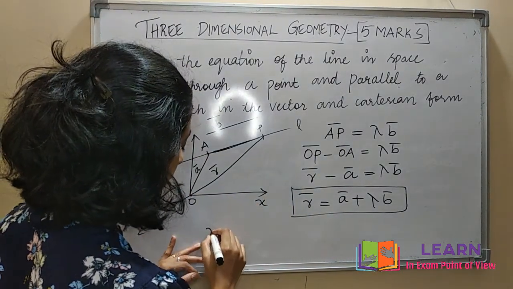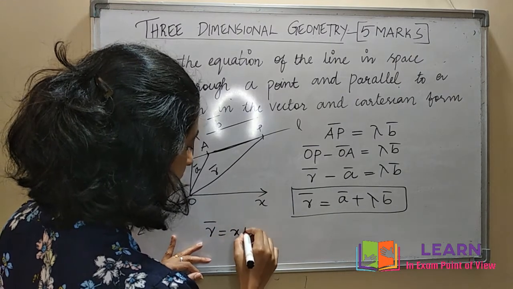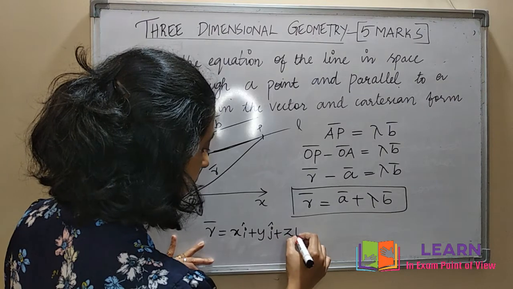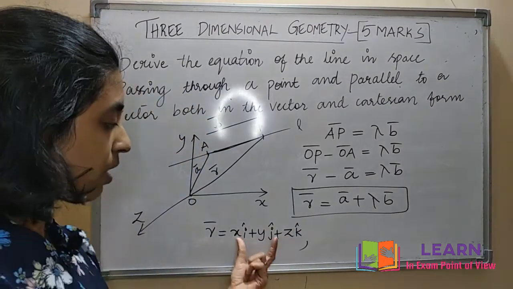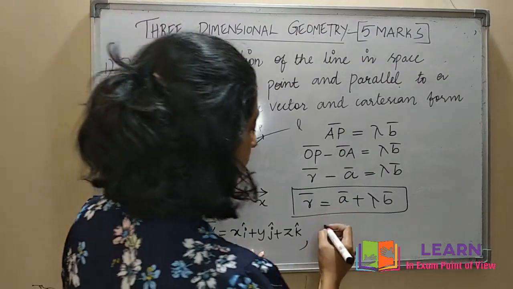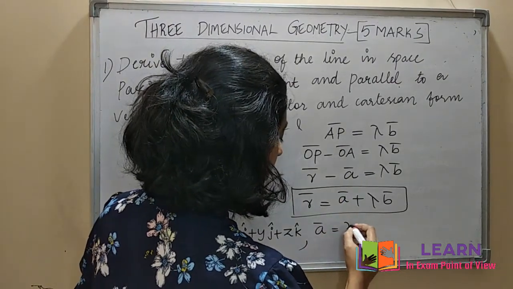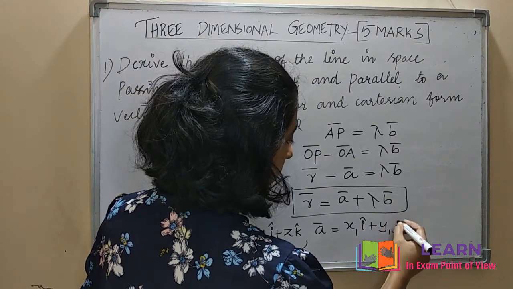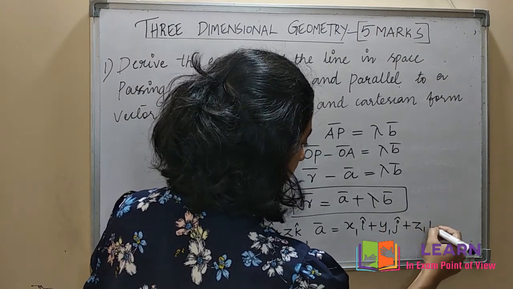Substitute R vector as xi plus yj plus zk. Then A also you assign. A vector can be substituted as x1i plus y1j plus z1k.